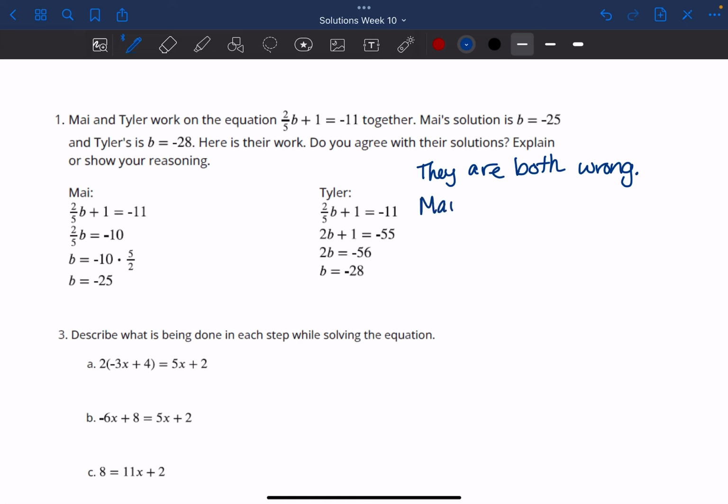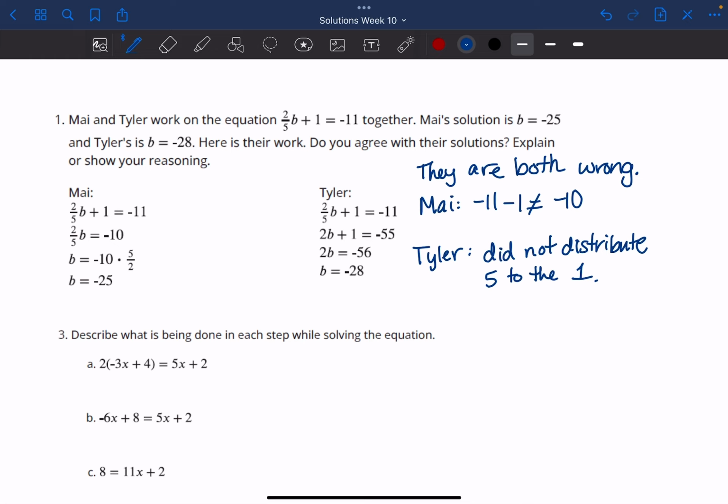For Mai, I'm going to list her mistake. So she said -11 minus 1 is, I'm saying that's not going to be equal to -10. And for Tyler, we're going to say did not distribute 5 to the 1.